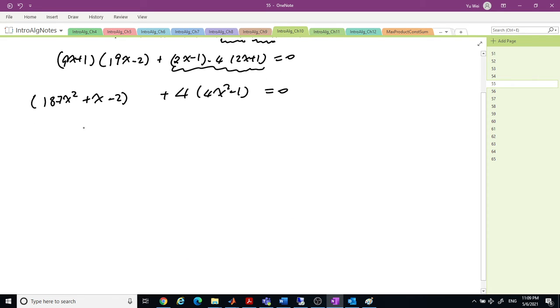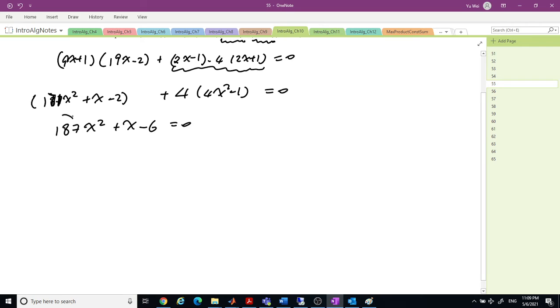Okay, so then it will equal this 171. So after that you have 187x squared plus x minus 2, which is minus 6 equals 0.